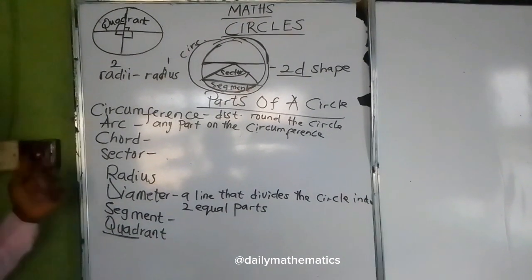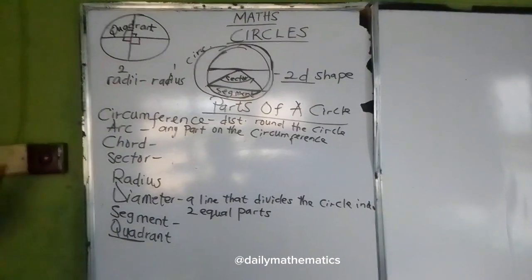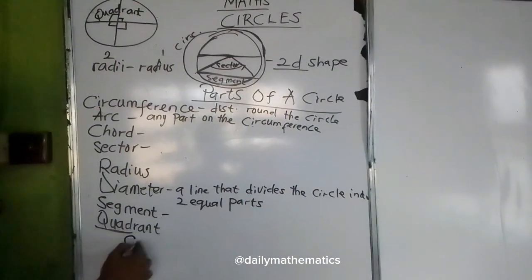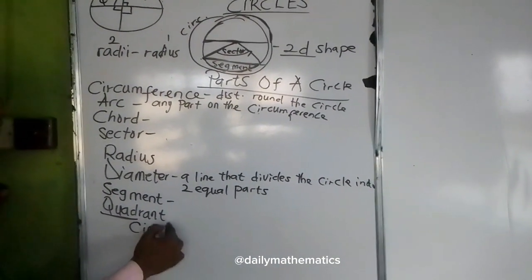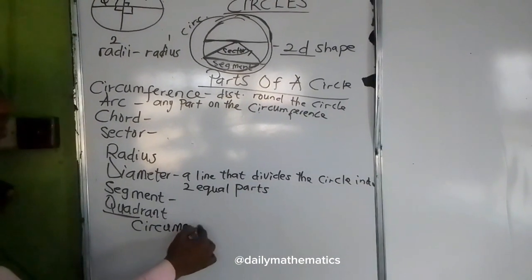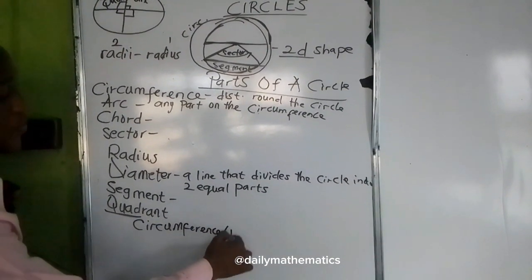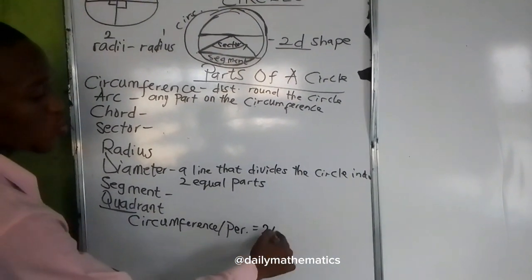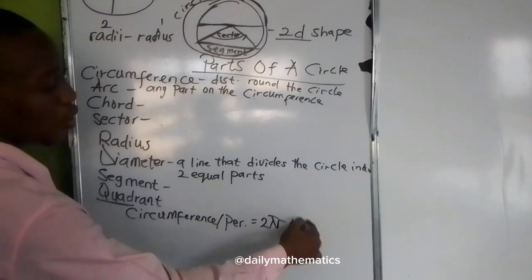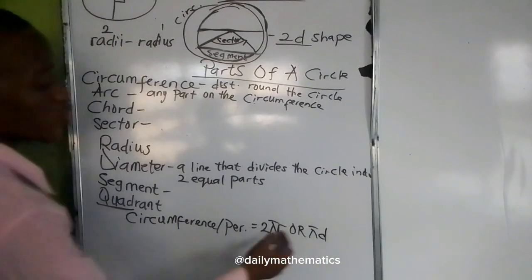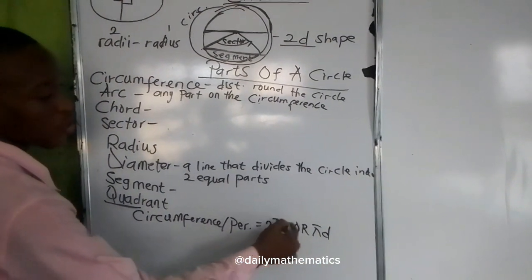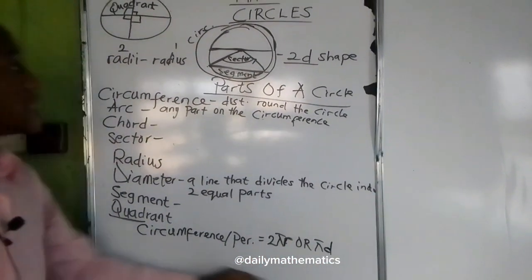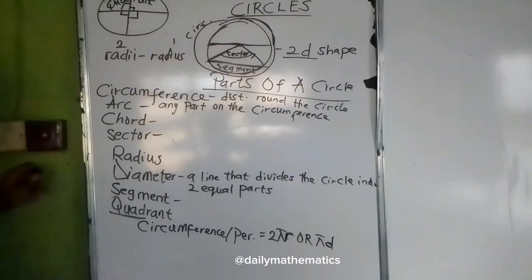From here we will now have some formulas. First and foremost, the circumference formula. Circumference is also known as the perimeter of a circle, and it is equal to 2 pi r or pi d, where r is called the radius, d is called the diameter, and pi is a constant for circles.